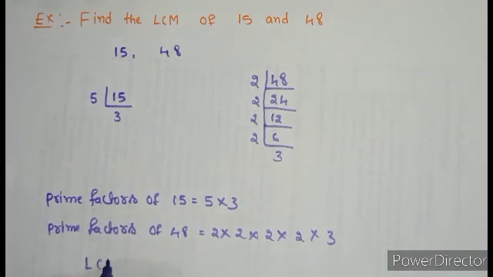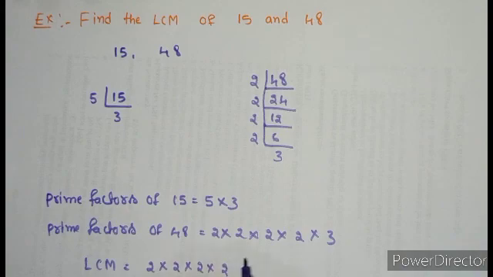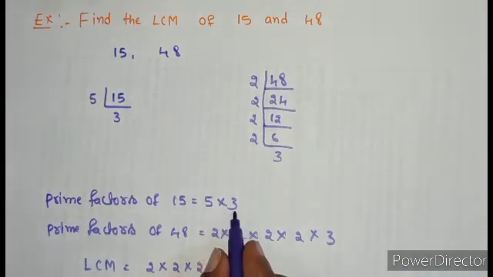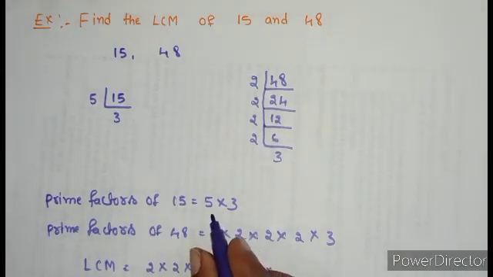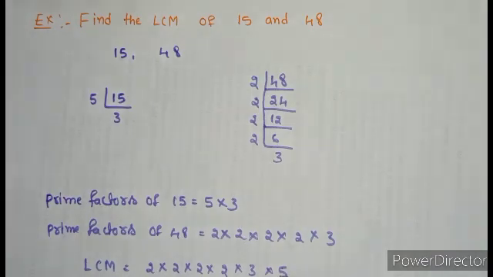LCM is equal to, all of you see here, 4 twos are there, 2 into 2 into 2 into 2, and the common factor here is 3, into 3, and the remaining prime factor here is 5.